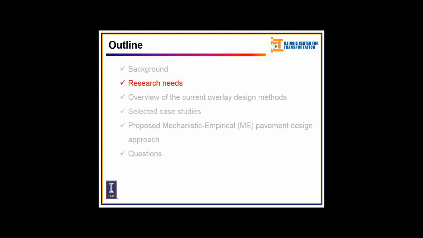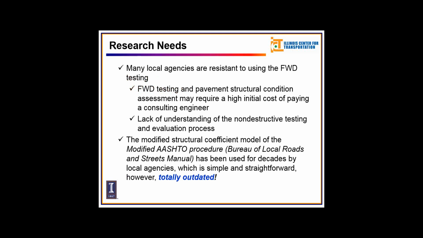So what are the research needs? In Illinois, many local agencies are resistant to using FWD testing, despite having a number of advantages. First of all, it requires a high initial cost because you have to pay someone to go out there to do the testing and the subsequent back calculation processing.